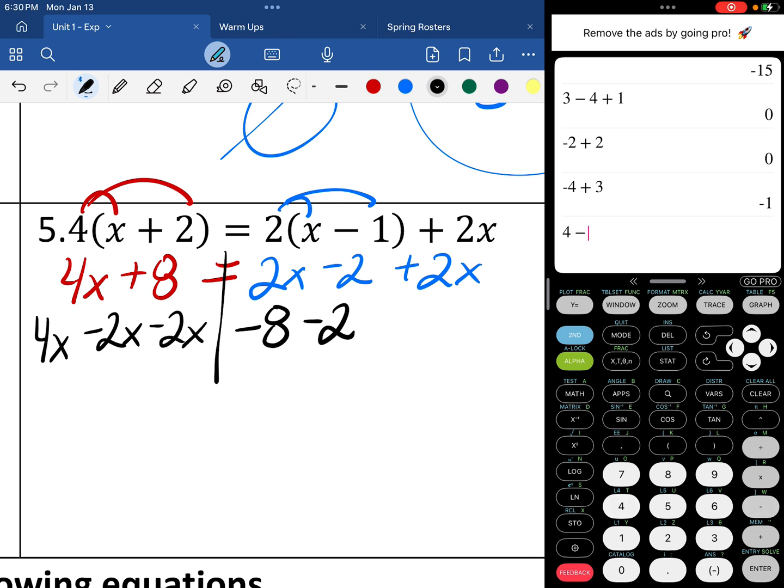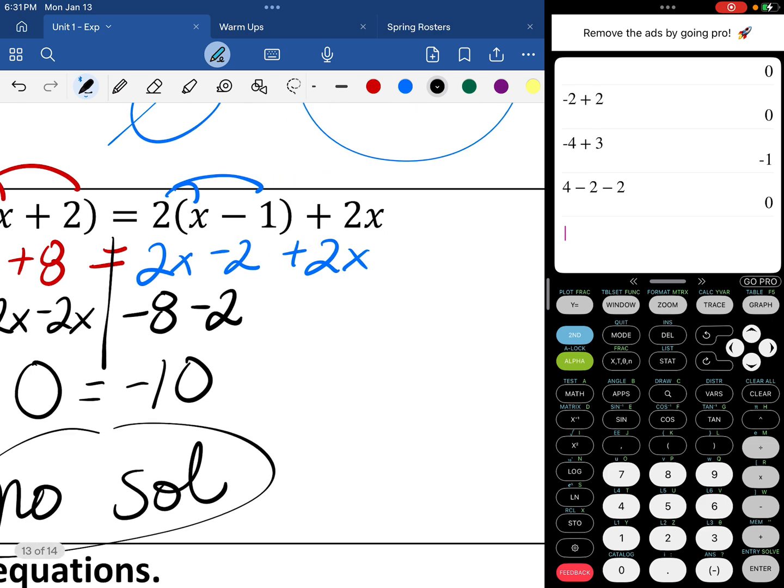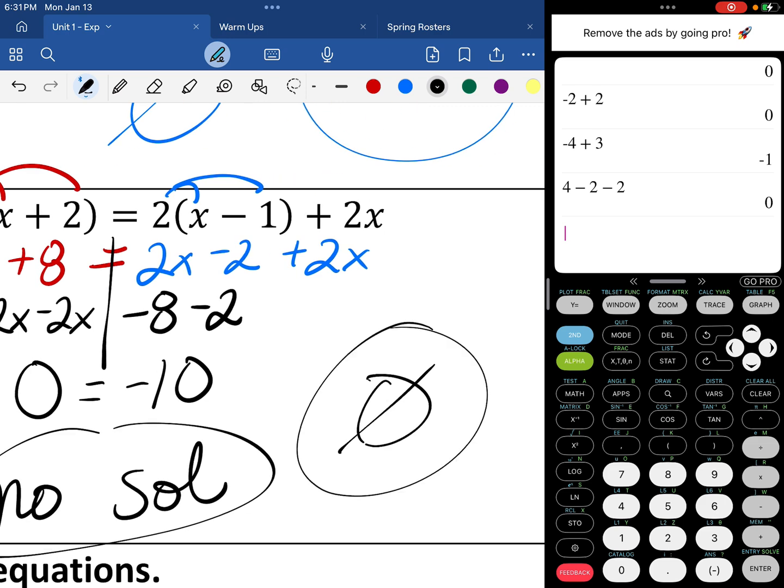So 4 minus 2 minus 2. That is going to give me 0. And then I have negative 8 minus 2. That is negative 10. Does 0 equal negative 2? No, it does not. So that means the answer is no solution. So you can write no solution or that little symbol.